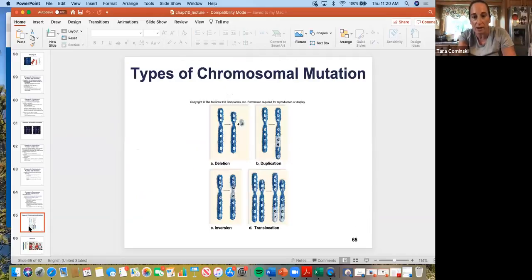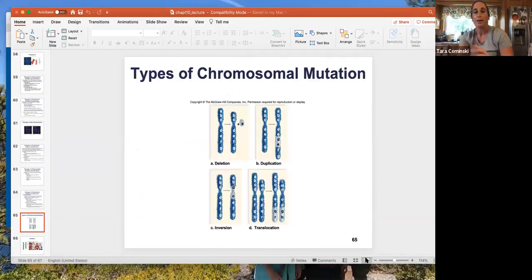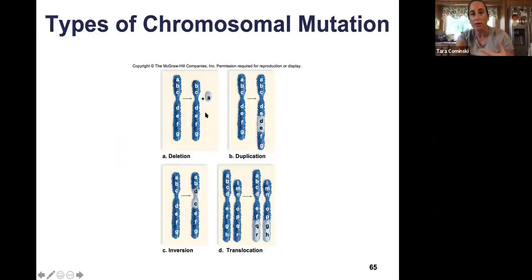This picture shows some examples of changes in chromosome structure. In a deletion, usually the end of a chromosome just breaks off and you lose it altogether. In duplication, an area of the chromosome is duplicated. In inversion, a piece breaks off but then inserts upside down, so you change the order of the genes.